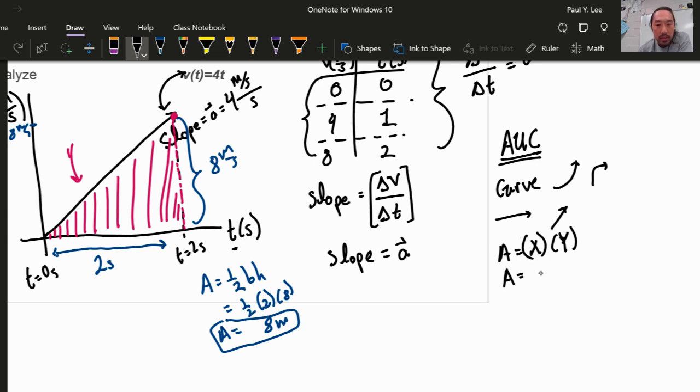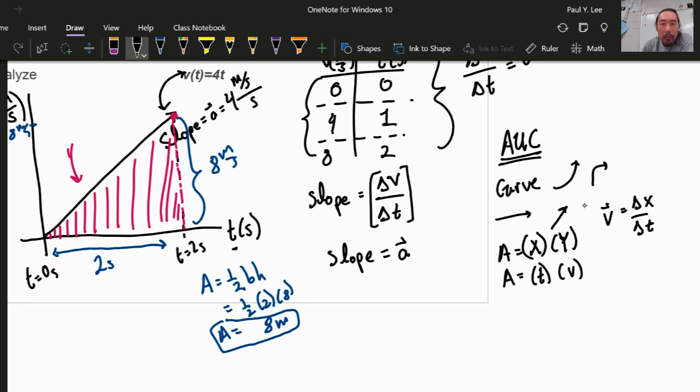For the x-axis, it was time, and for the y-axis, it was velocity. And so you've got to be thinking to yourself, all right, well, the area is time times velocity, or velocity times time. We haven't seen a formula like that before, right? Exactly. But we actually did. So we know that velocity is the change in position over the change in time.